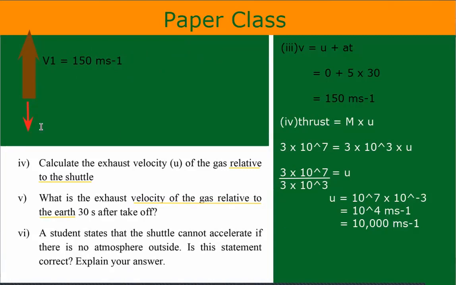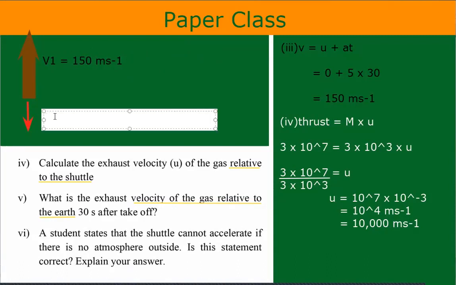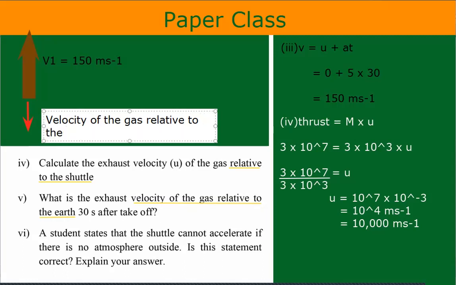So it should be written like this: velocity of the exhaust gas relative to the rocket or the shuttle. Let's use the word that they have given. We have found this as 10,000 meters per second.